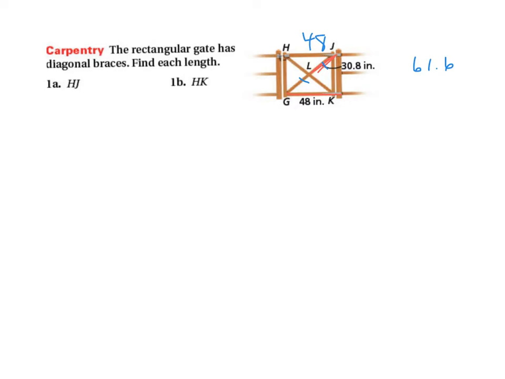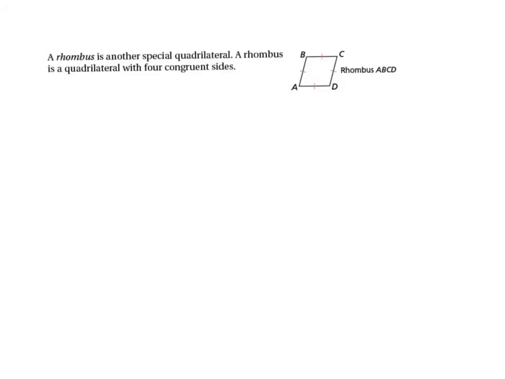So let's see, just from thinking about that now, I'm going to look and see. HJ is what they're looking for. HJ I already found, 48 inches. HK is the length of the diagonal. Well, remember I found the length of GJ, the diagonal was 61.6, so that's actually also the same as HK, since in a rectangle, diagonals are congruent.